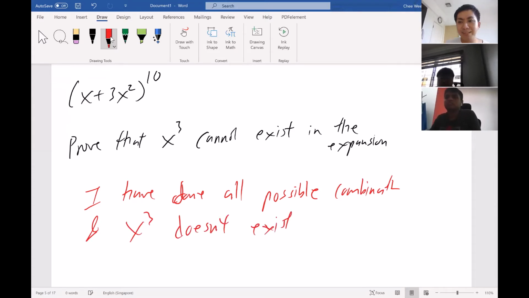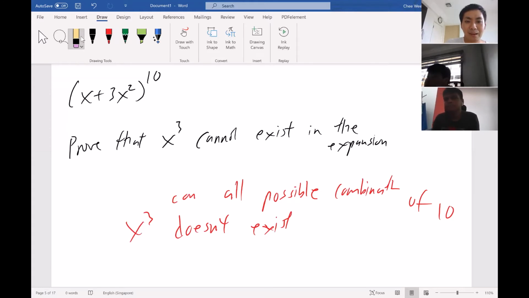You cannot write this in your solution in order to show that x cubed doesn't exist. Understand? So how do we actually go about showing that this particular term cannot exist?